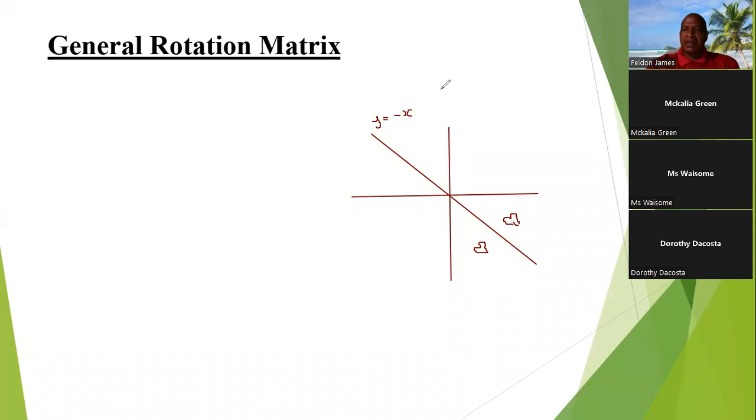So we can have a reflection in the x-axis, a reflection in the y-axis, a reflection in the line y equal x, and a reflection in the line y equal minus x. These are the lines that the first 4 matrices are referring to.